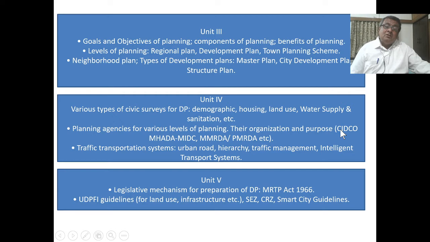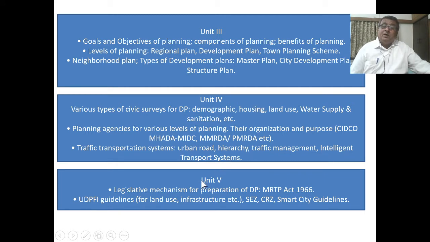Mainly organizations covered are CIDCO, that is City and Industrial Development Corporation, MHADA, that is Maharashtra Housing and Area Development Authority, MIDC, Maharashtra Industrial Development Corporation, that deals with the industrial area of Maharashtra state, MMRDA, that is Mumbai Metropolitan Regional Development Authority, and PMRDA, that is Pune Metropolitan Regional Development Authority, etc. Then traffic transportation systems, urban road hierarchy, traffic management, and intelligent transport system.